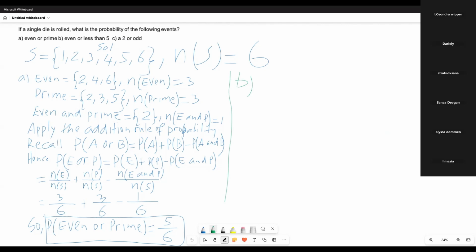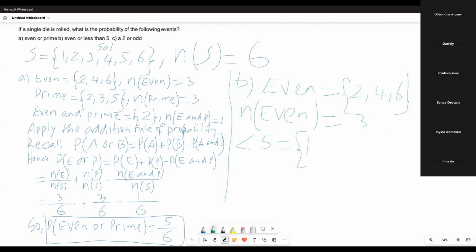Even or less than 5. Let's use even. It's 2, 4, 6. So n of even equals 3. The second event is less than 5.